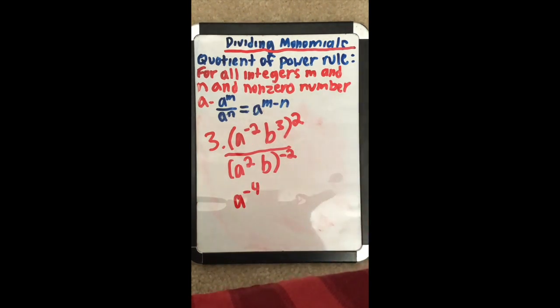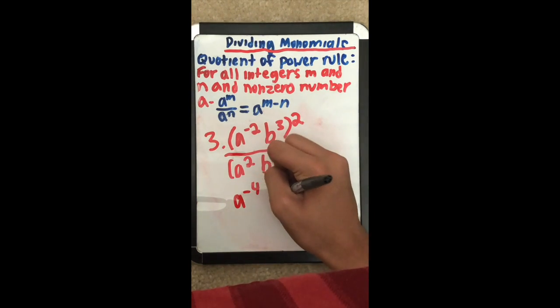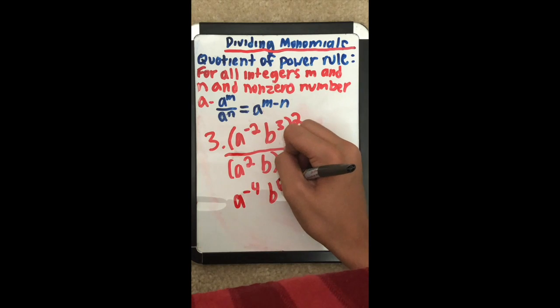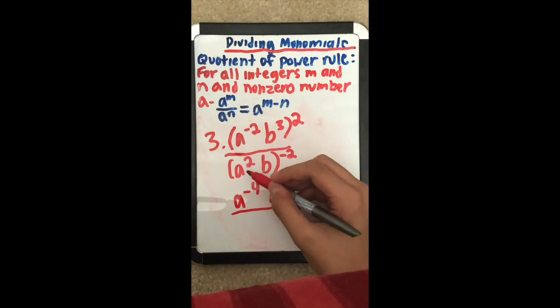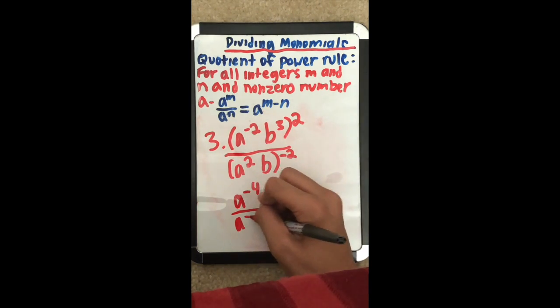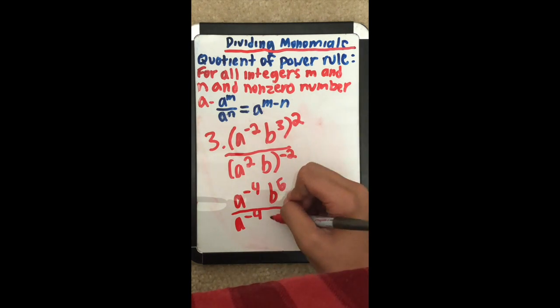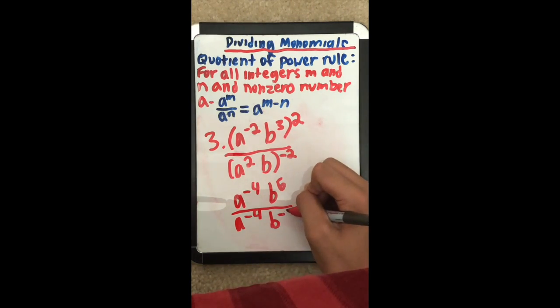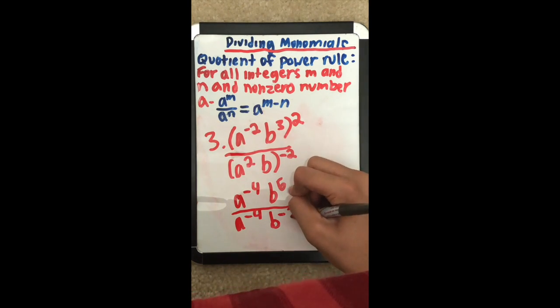We're going to multiply 3 and 2 to make b to the power of 6. And then we're going to put a divided sign, and we're going to open up these parentheses. a to the power of 2 times negative 2 is a to the power of negative 4, and b to the power of negative 2 is b to the power of negative 2.